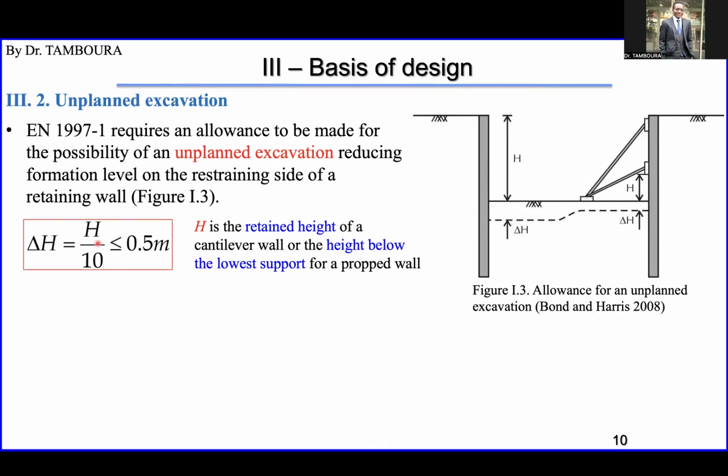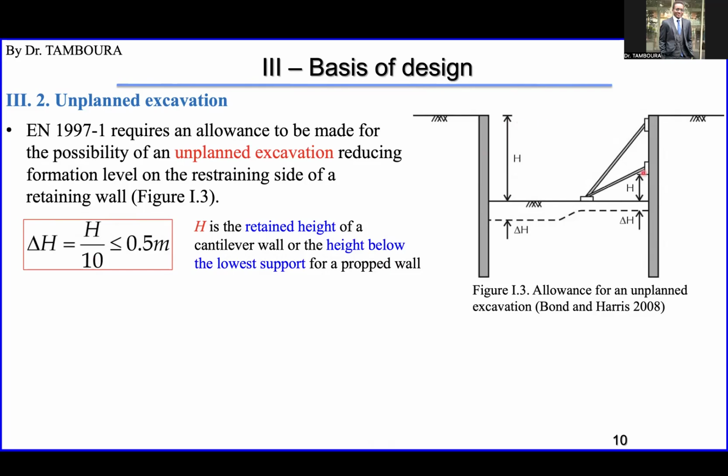The value of delta H should be H divided by 10. It means 0.1 times H, the value of H. What is H here? For this situation where there is no support, H is the retained height, this height completely.